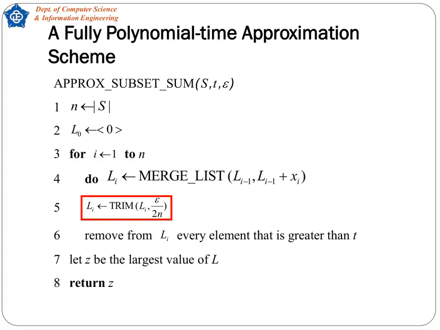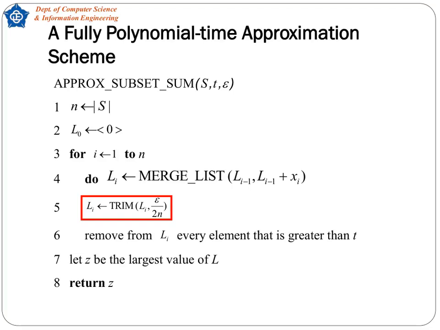For each element x in S, form a provisional list by merging L with each of its sums plus x. 3. Apply trim to this merged list using delta equals epsilon / 2n. This critical step prunes near-duplicate sums, keeping the list size manageable while preserving our approximation guarantee.